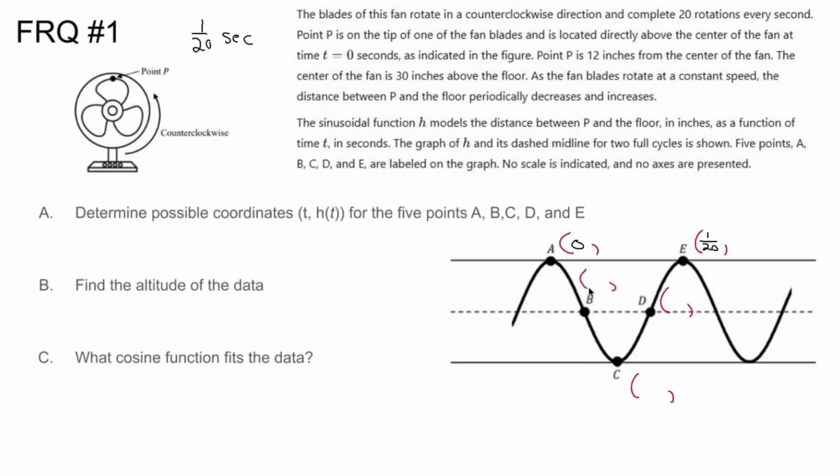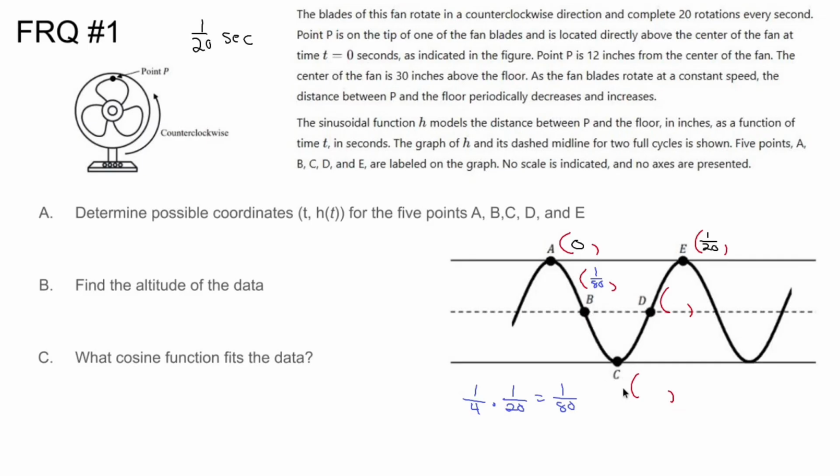So if I wanted to compare B to E, B is 1/4 of its way to E. So B is going to be 1/4 of 1/20th of a second, which is 1/80th. So we will sneak a 1/80th right there.